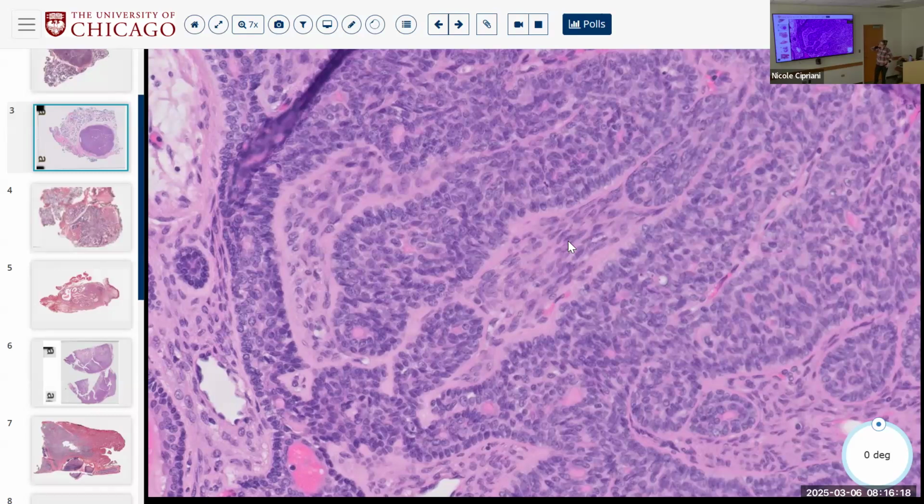So this picture here with these shaggy, very carpet-like, streaming spindled cells, very discretely in between these ductal areas.